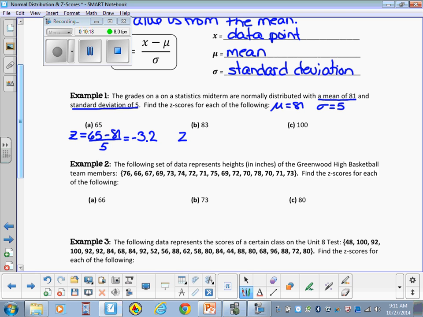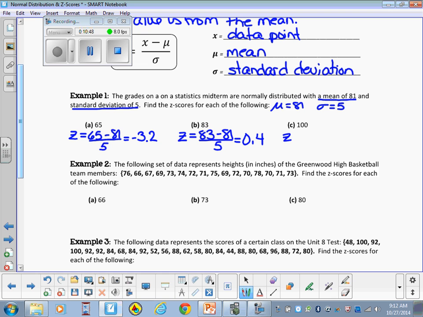Next up, z equals our data point 83 minus our mean 81, divided by 5. 83 minus 81 enter, divided by 5 enter, 0.4. Okay, a little above the mean, but really close to it. And that makes sense, right? 83 is above 81, it's greater than 81, but it's pretty close to 81.